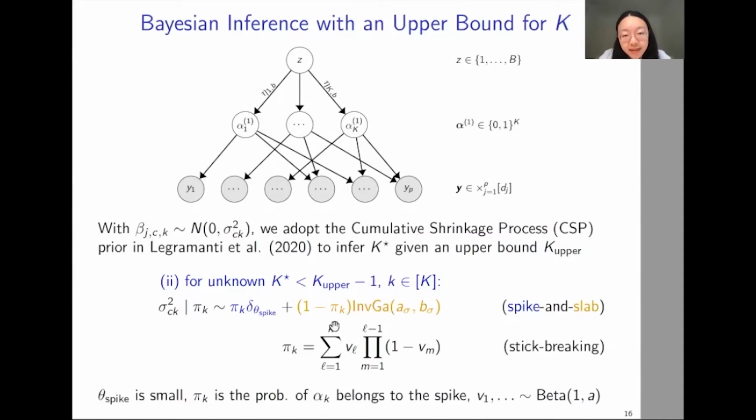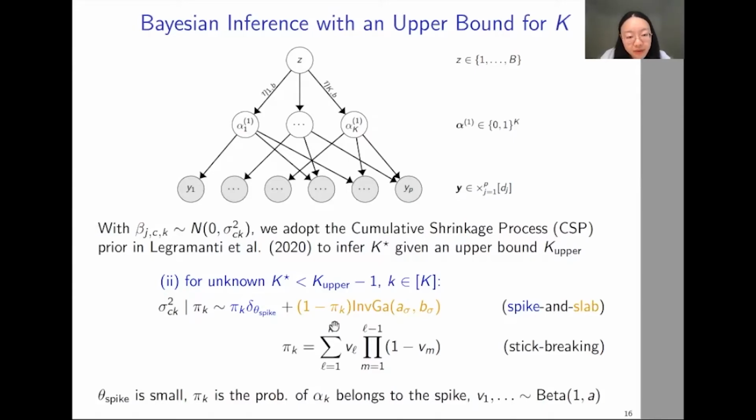So in practice, we usually do not know how many binary latent variables to use. Therefore, we adopt a cumulative shrinkage process prior, a recently proposed nonparametric Bayesian method. In this method, we specify an upper bound, K upper, for the number of binary latent traits.